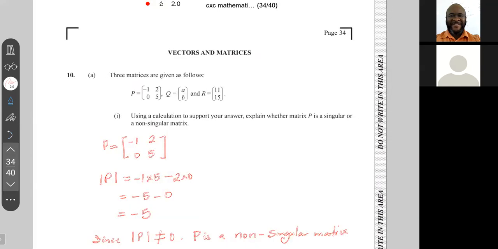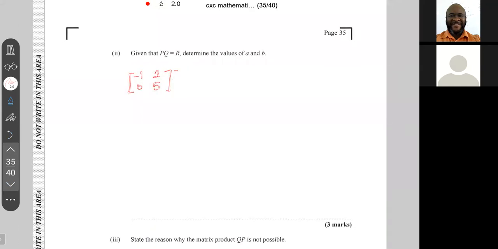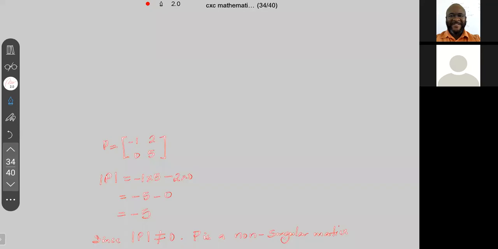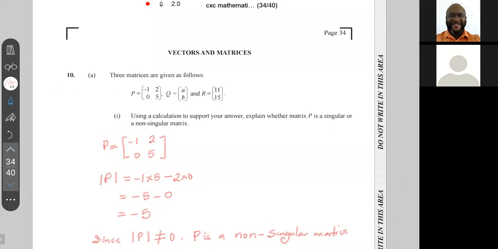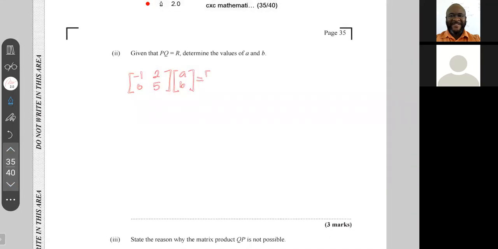Q is AB. All right, apparently not that well because I don't remember R. R now is 11, 15. All right, there's actually 2 ways to do this, but I think that this is the easier approach.